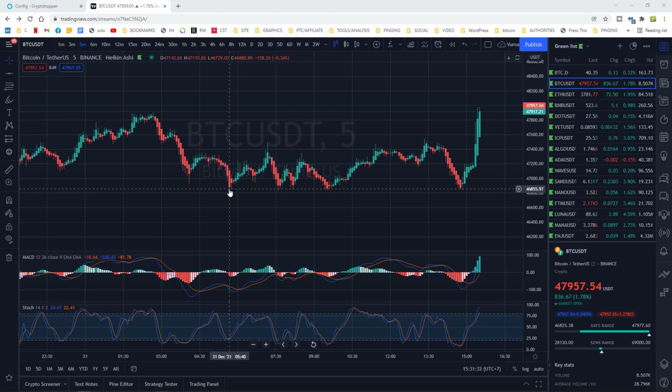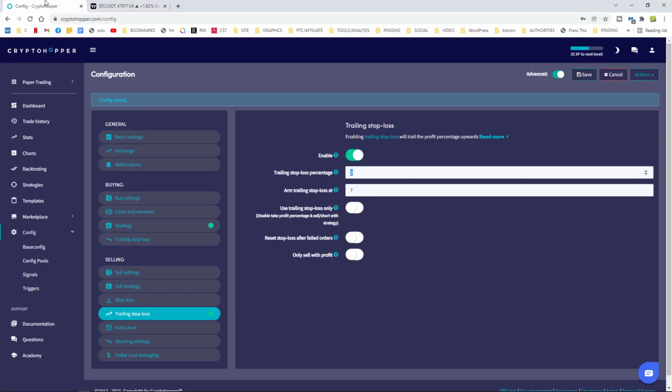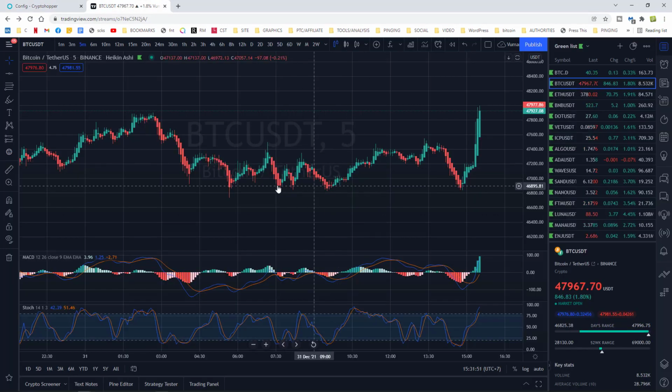So let's say you bought here on the bottom of this candle, $100 worth of Bitcoin, and it starts going up straight away. We were working on the premise of 2% with a 0.5 drop. So it comes up and activates at 2%, but then it drops 0.5%.